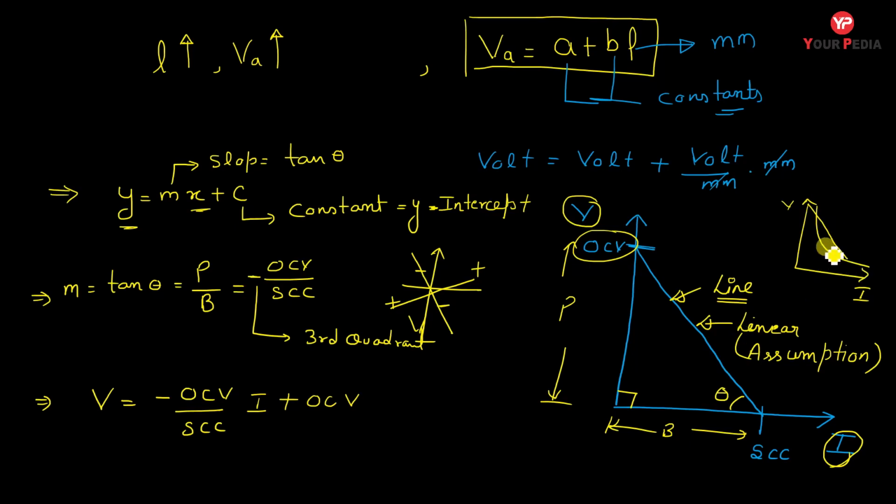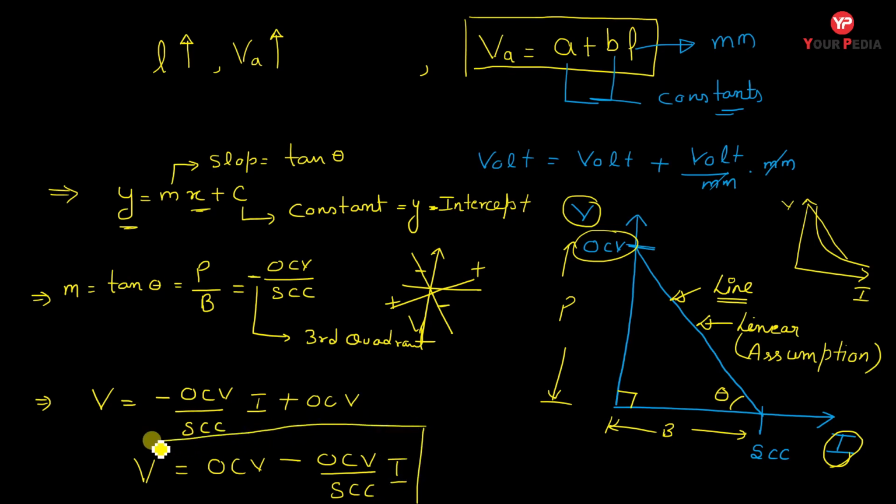Actually this is like an inverse relation. So this is the relation between open circuit voltage and short circuit current. We can write V equal to OCV minus OCV by SCC into I. So these are relation number 2 and relation number 1 that we have derived.